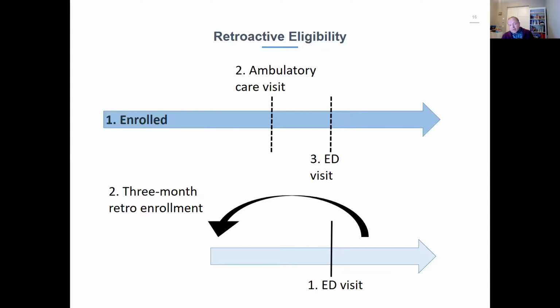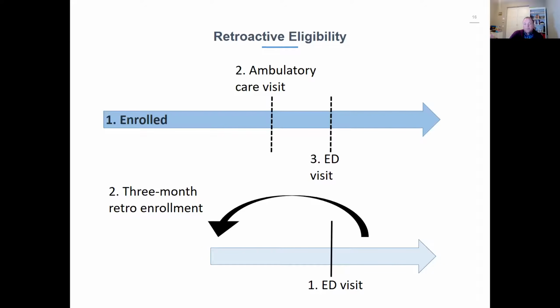I mentioned retroactive eligibility, and this is something we don't necessarily think about with other insurance programs. Typically, we would expect somebody is enrolled in a program, they come in and have, for instance, an ambulatory care visit in a clinic, and that gets covered. It may have a copay and so on.